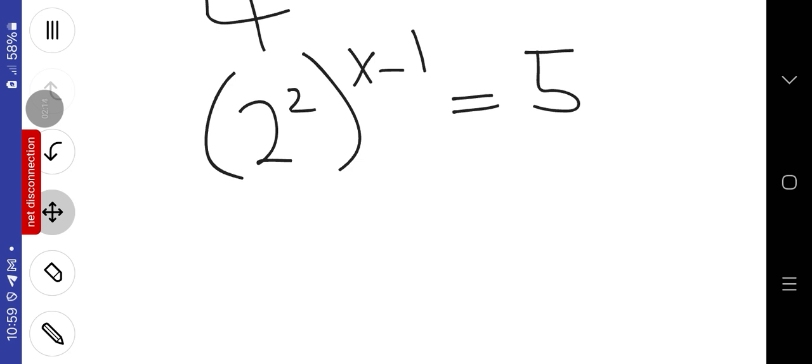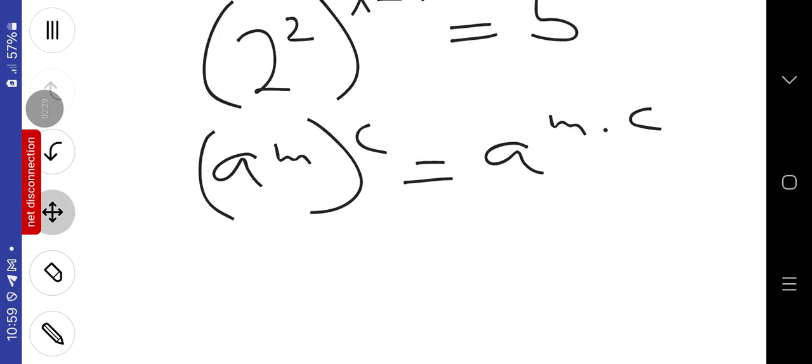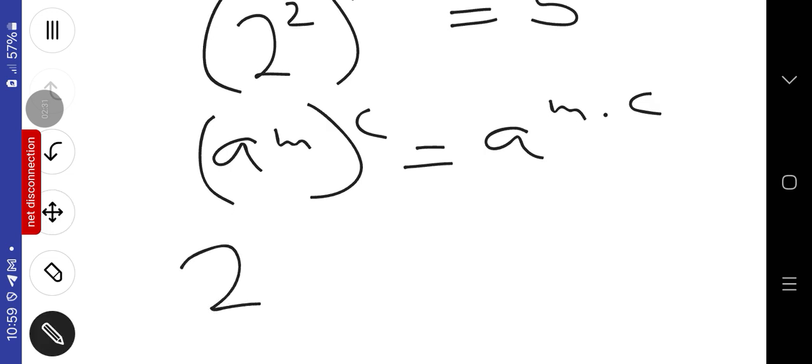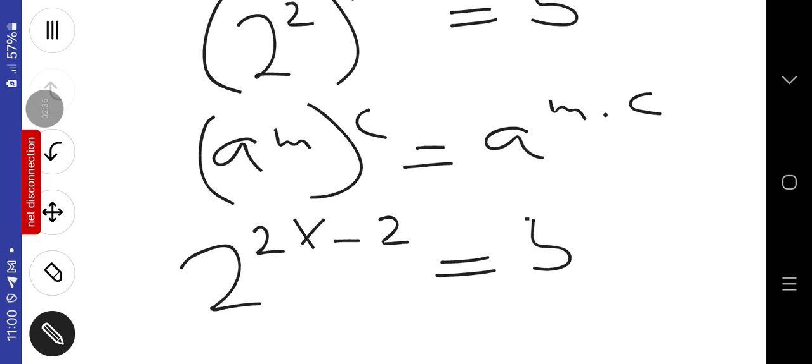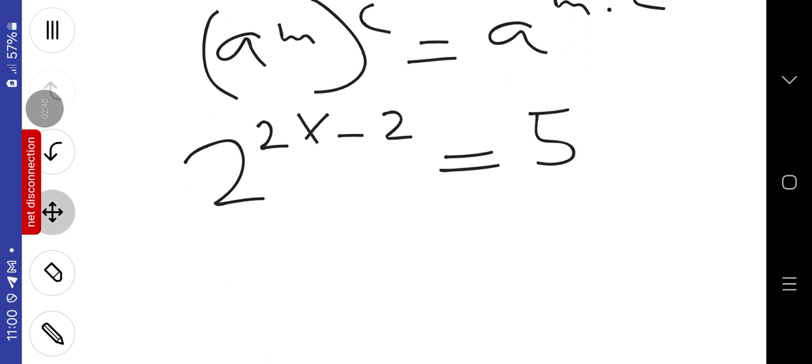If you have a exponent m, all raised to exponent c, this can be written as a exponent m times c. So you're going to apply this concept to the left part of the equation. So you're going to have 2 exponent 2x minus 2 is equal to 5.